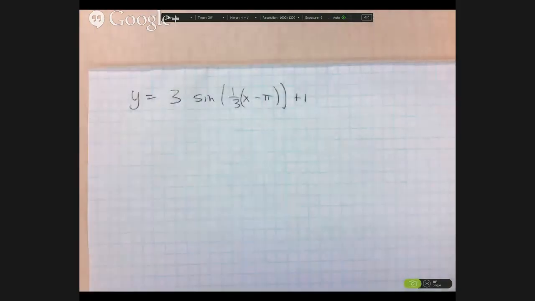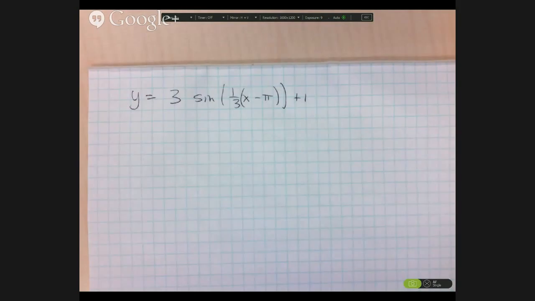Why are we doing another one? Because we need the practice, I think. We're doing another one? Yeah. A few of you, I think, have it, but most of us need another one.